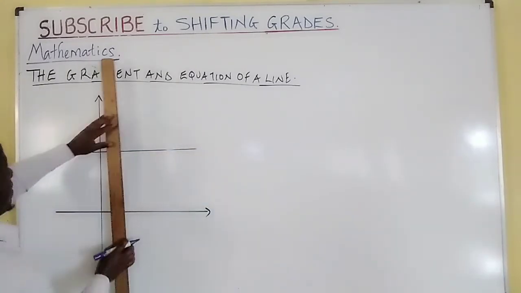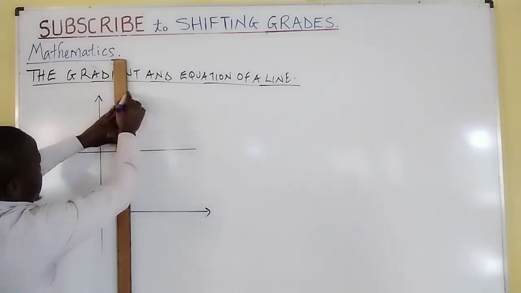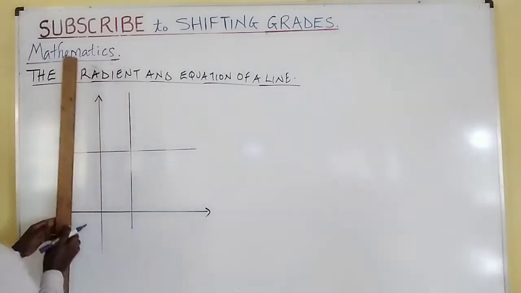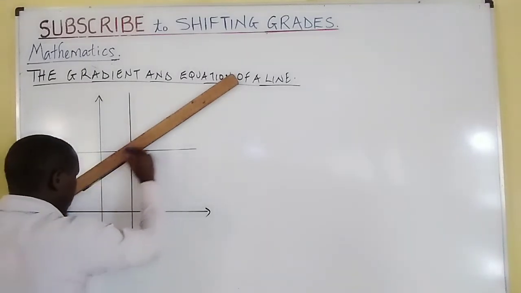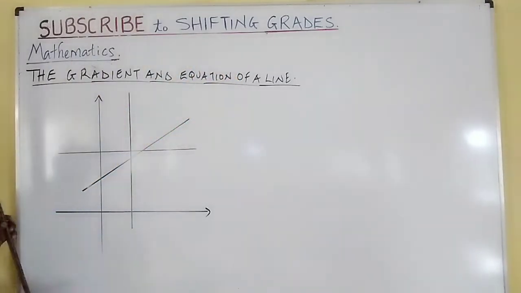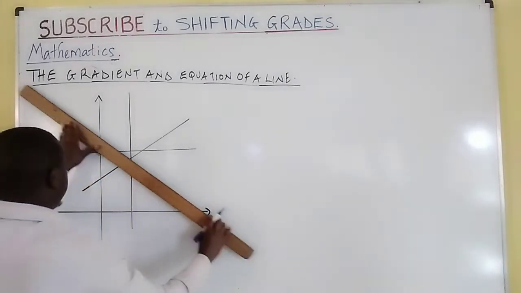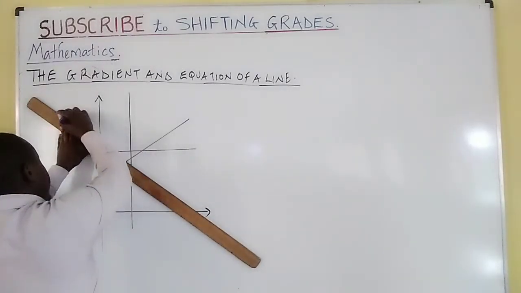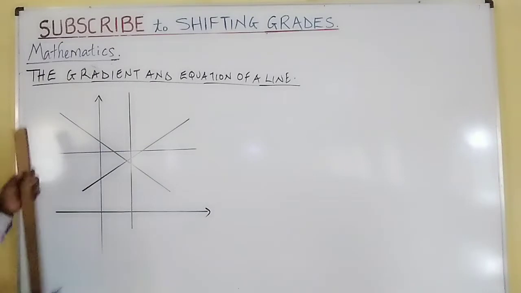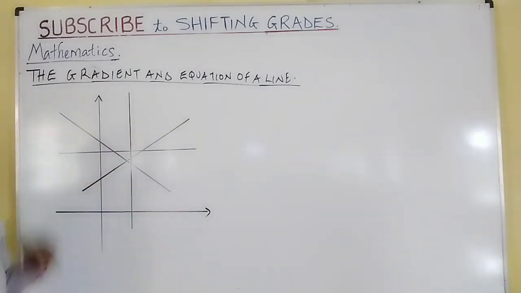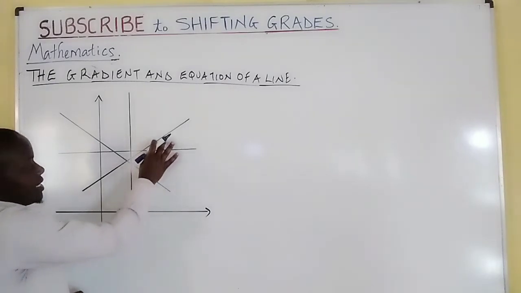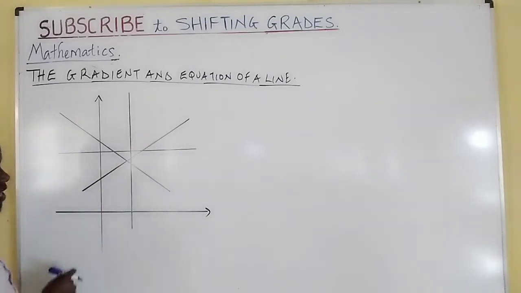You may find some other lines very vertical, but there are cases whereby a line is just crossing through at any angle, or even this way.